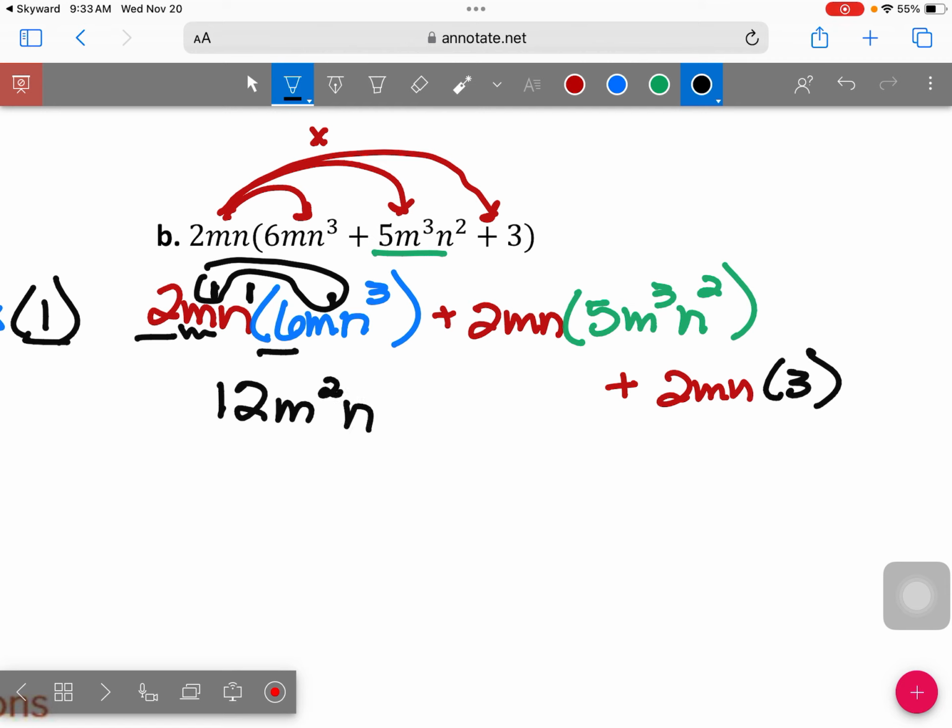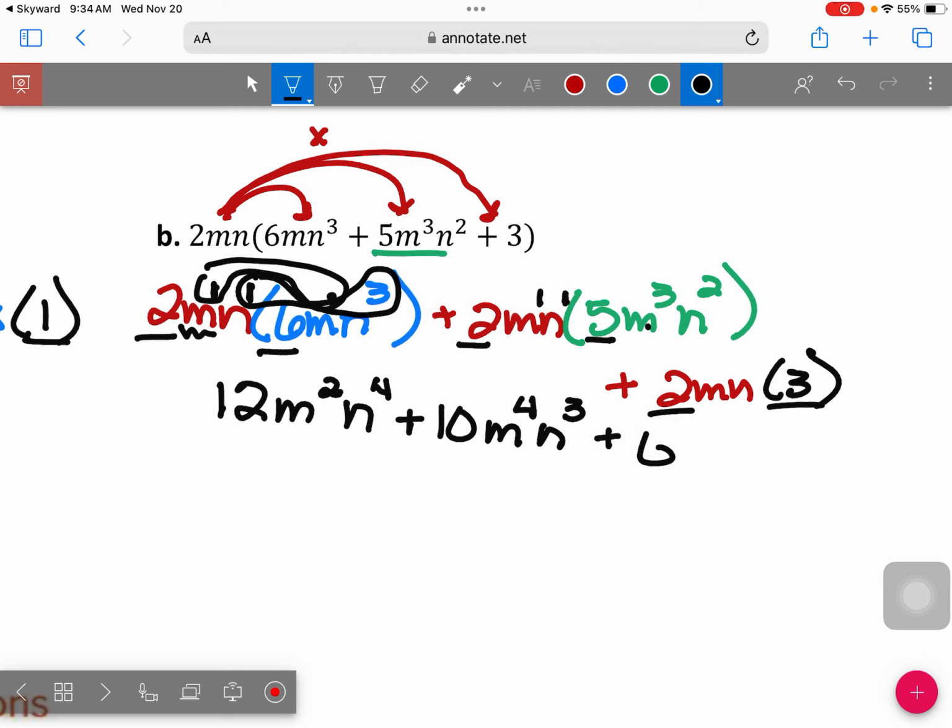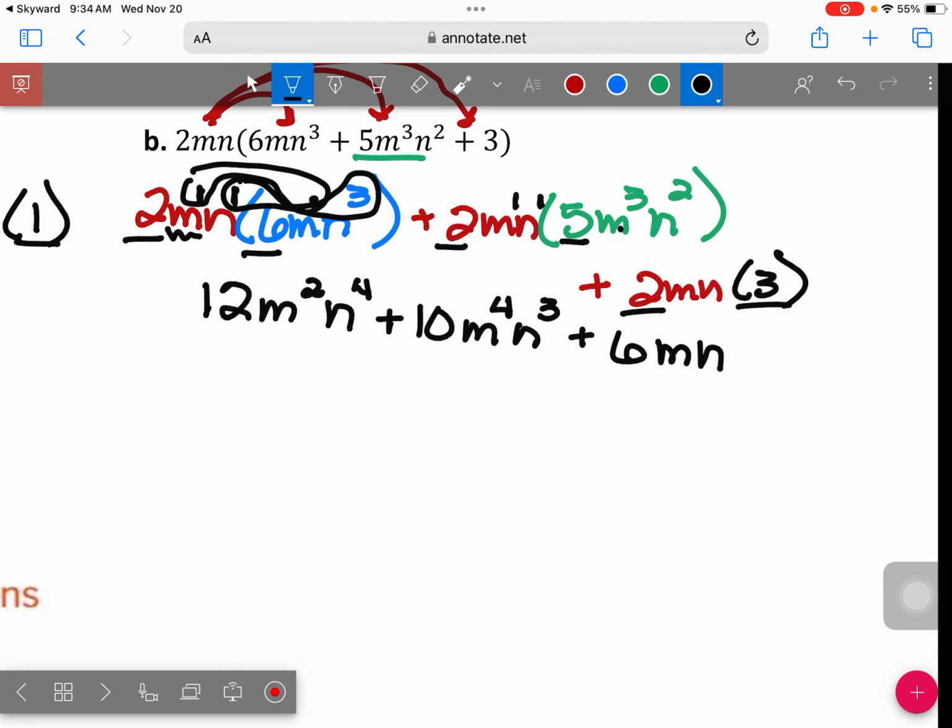And n, I have 1 plus this 3 gives me 4. 2 times 5 is a positive 10. M to the first times m to the third is m to the fourth. N to the first times n squared is n to the third. And 2 times 3 is 6. M to the first, n to the first.